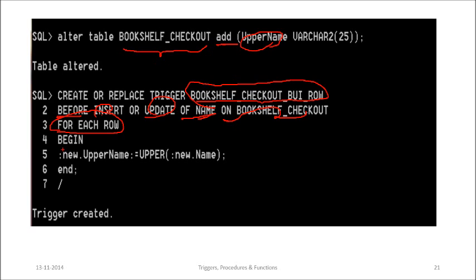Then begin, new dot upper name. This is the value being accessed. So whatever new dot upper name is being set will be set to upper of the, this is uppercase. This converts whatever mixed case values given by the user into uppercase values. So this is the new dot name given by the user. So end.